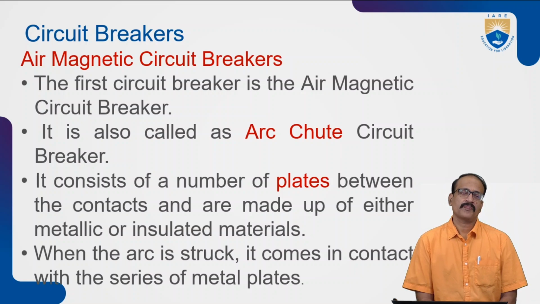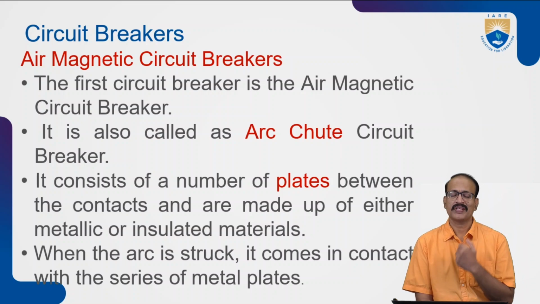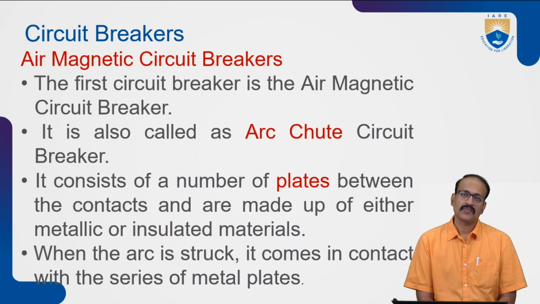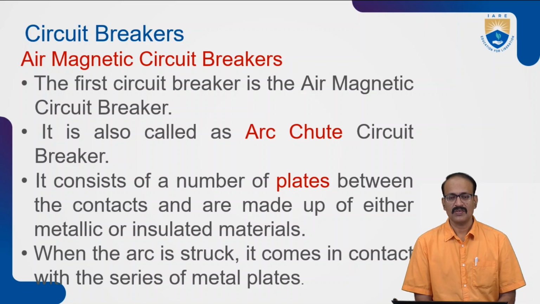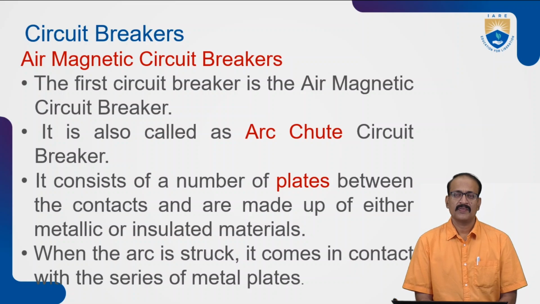Okay. So basically this arc is providing a low resistance path for the current. Until the arc exists, even though the contacts are physically separated, it acts as if they are not separated.